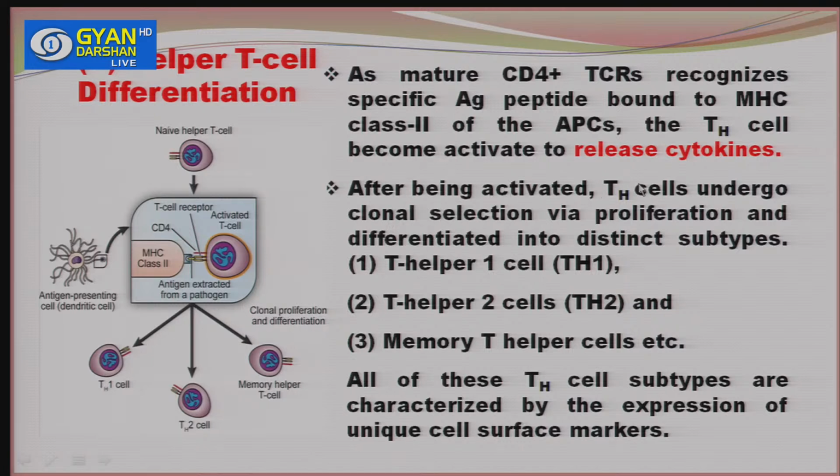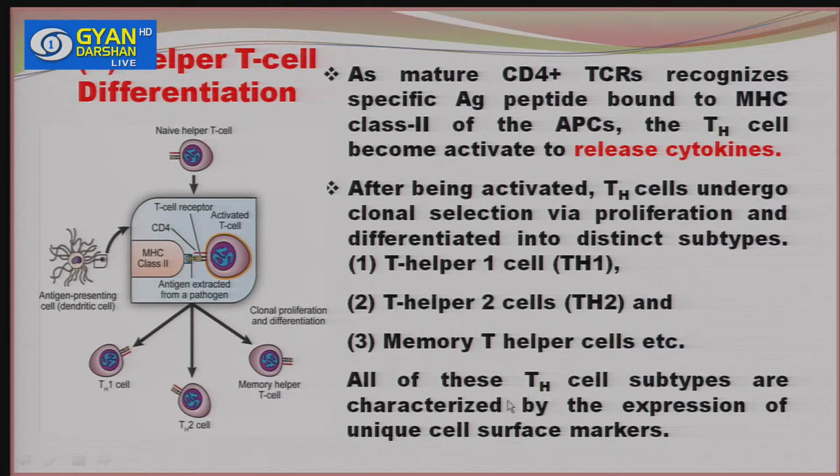And after being activated, T cells undergo clonal selection by proliferation. So there is clonal selection and proliferation, and they differentiate into distinct subtypes. There are three types of cells: memory T helper cells, T helper 2 cells, and T helper 1 cells.